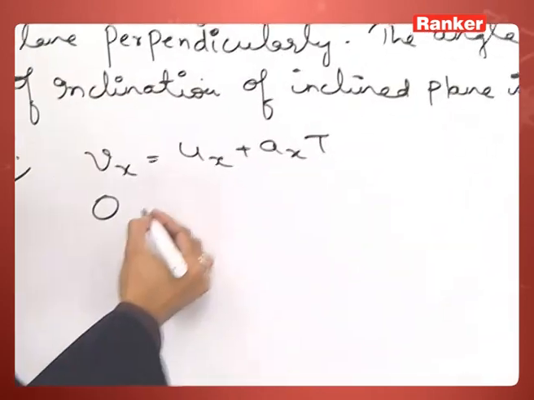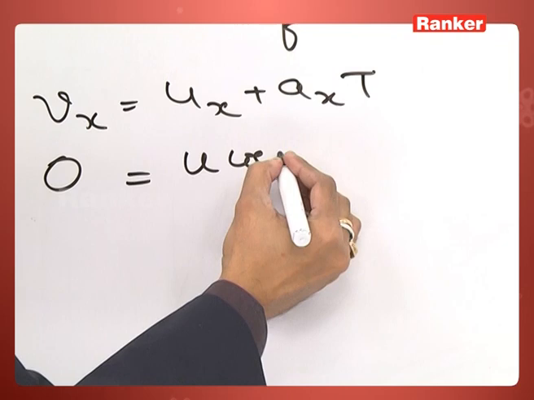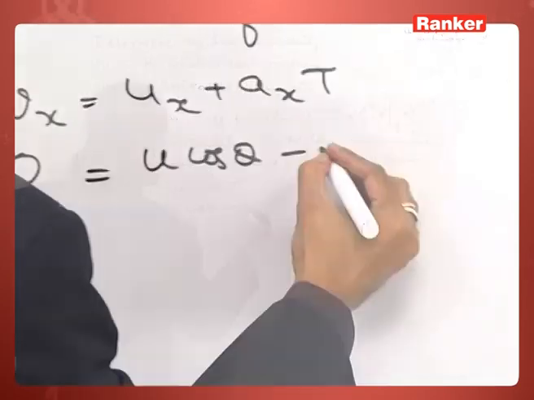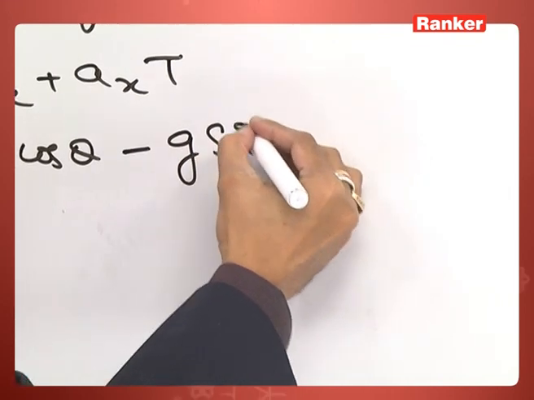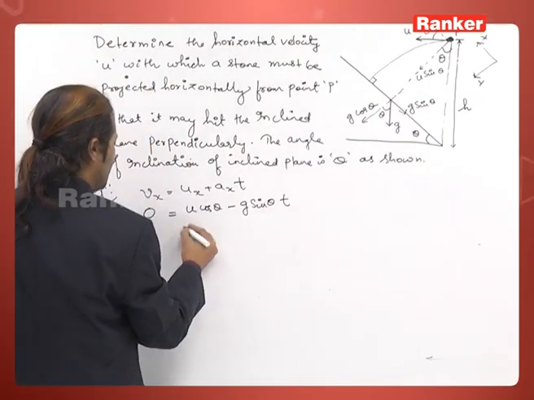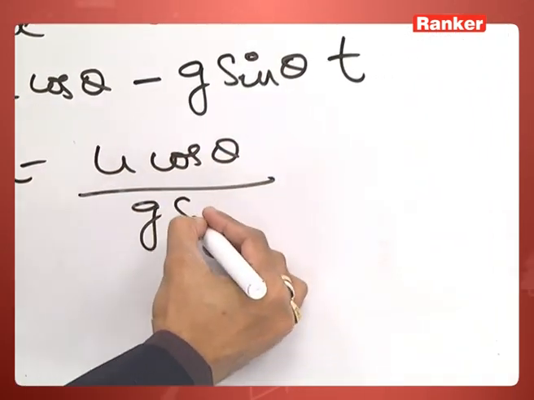So Vx is 0, ux I take to be positive, u cos theta. Ax is opposite to u cos theta, so minus g sine theta into, let us say this time to be t. So t becomes u cos theta by g sine theta.